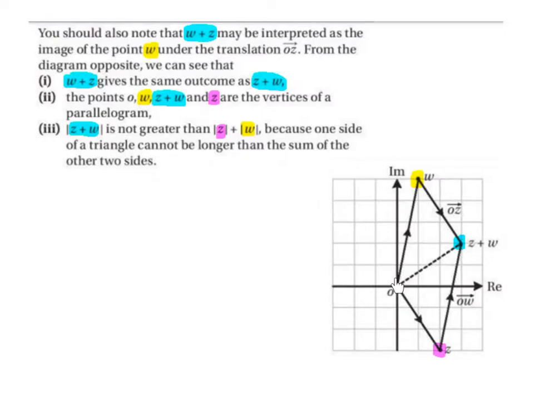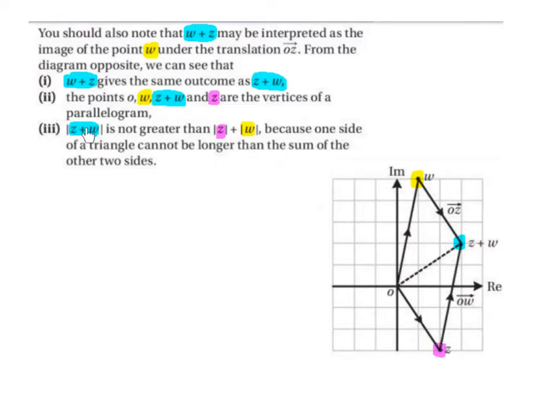Going from the origin up to w and then down by z, we end up at z plus w. Or going from the origin down to z and up to w, we still end at the same place. The points O, W, z plus w and z are the vertices or corners of a parallelogram. So we have O, W, z plus w and z forming a parallelogram.